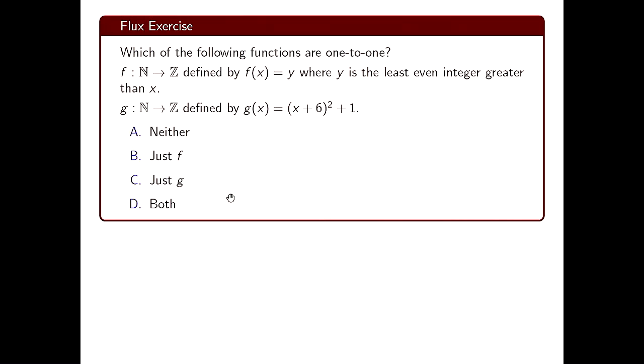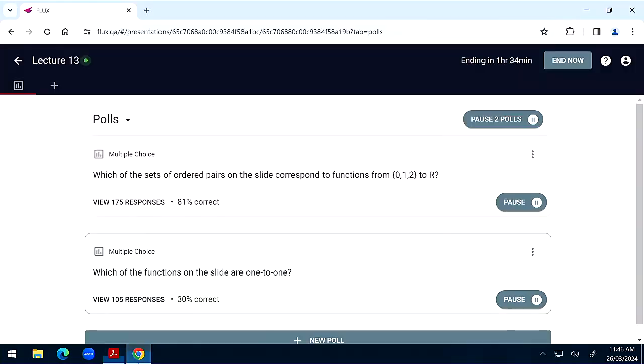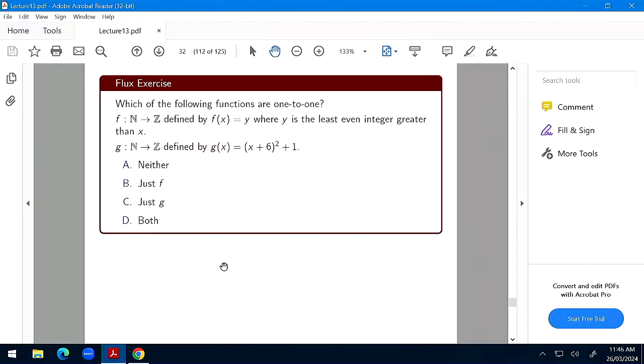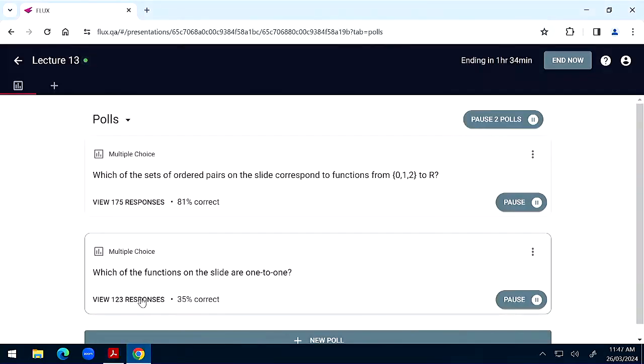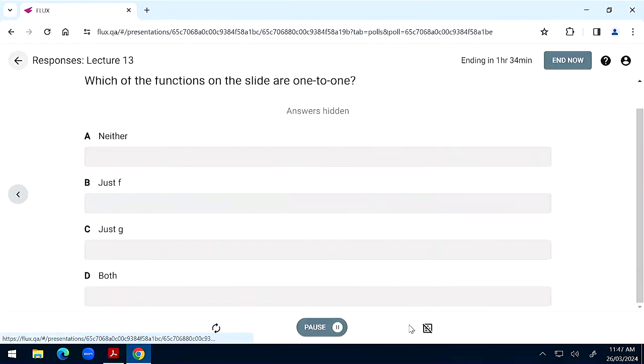Remember to watch the domains and codomains, right?